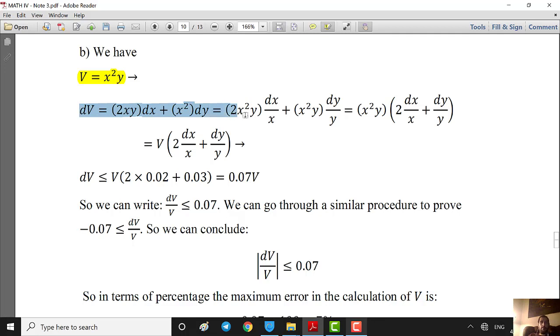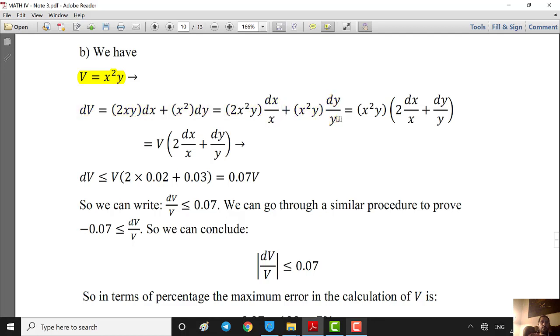We do that by a simple multiplication and division. We're going to get 2x²y times dx over x plus x²y times dy over y.